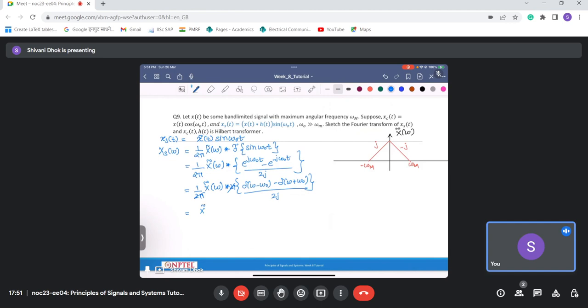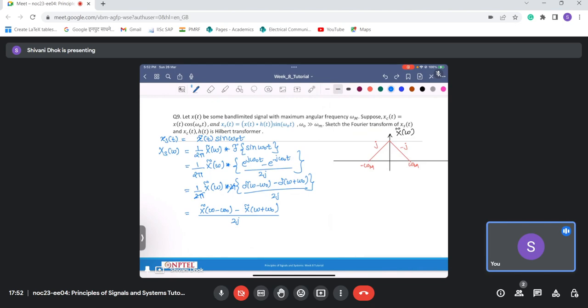So this will be equal to x tilde of omega minus omega naught minus x tilde of omega plus omega naught, whole divided by 2j. So this I can write as minus j, or let me keep it as it is. Okay. Now what does this signify?